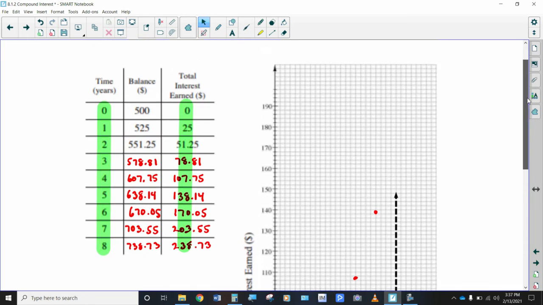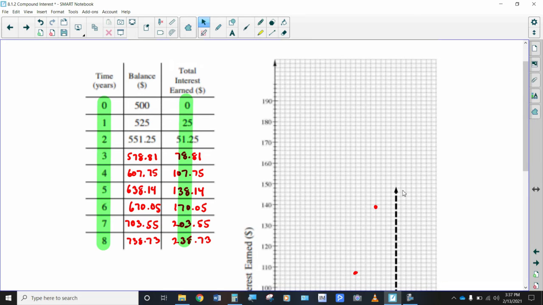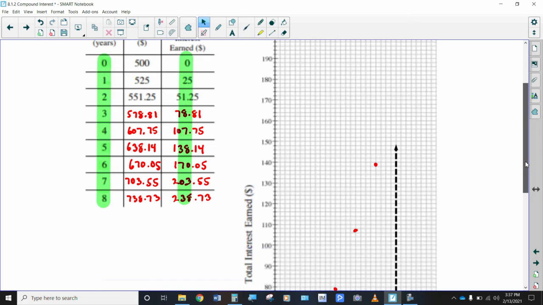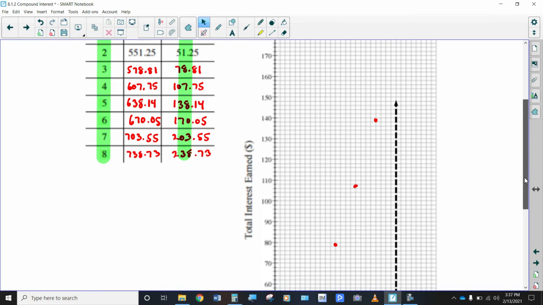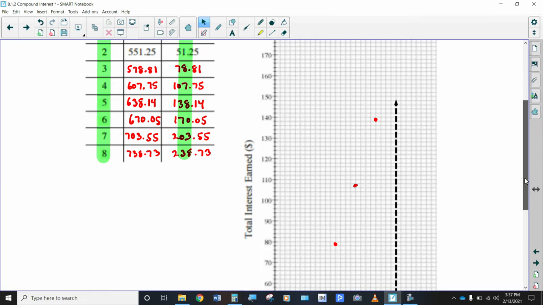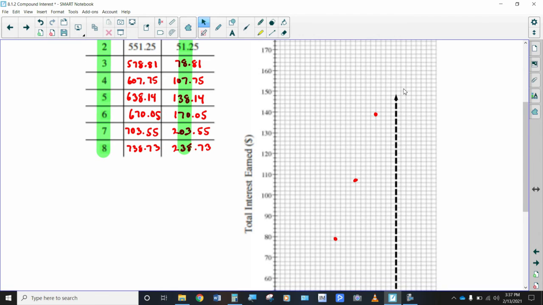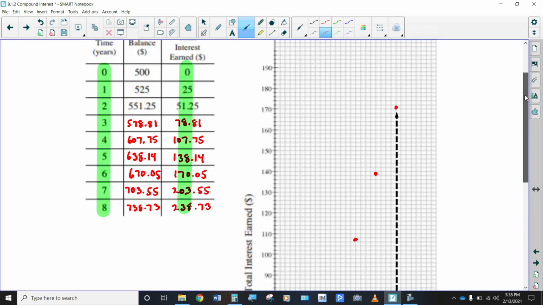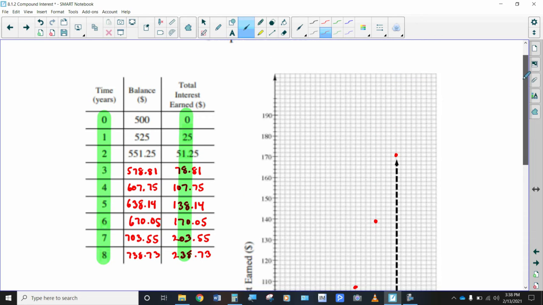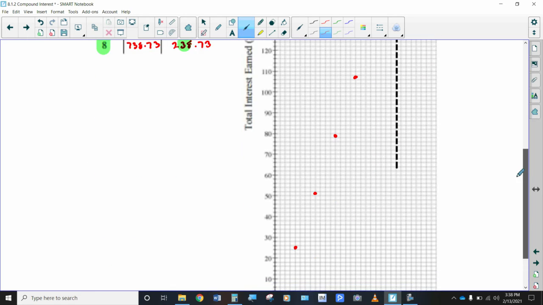Oh my gosh. We're going to get off the page. Wait, did I do it already? Oh, I never did this one, did I? Sorry. 138, 170. That's the one I need. 170.05. Go up a little further. That's it right there. 170 and a little bit over that. Put it like that. And then the next one, I don't think I can graph it because the next one's 203 and we're running out of room there. But that gives us enough.